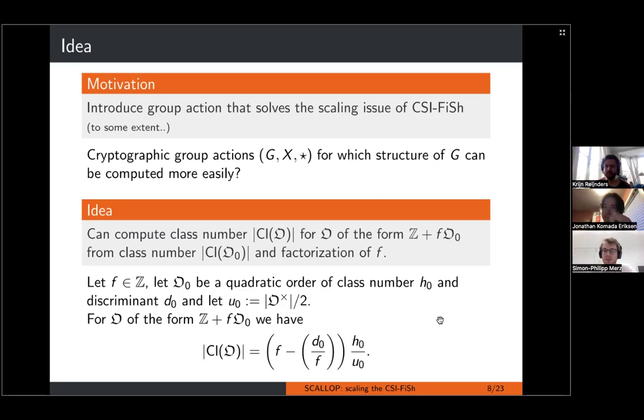So if it's of the form an integer plus f times another imaginary quadratic order, O0, such that you know the class number of O0 and the factorization of f, then there's a simple formula here at the bottom of the slide for how you compute it. You can ignore the last fraction for now, but essentially you need to know f, and you need to evaluate one Legendre symbol, and that's efficient as long as you know the factorization of f.